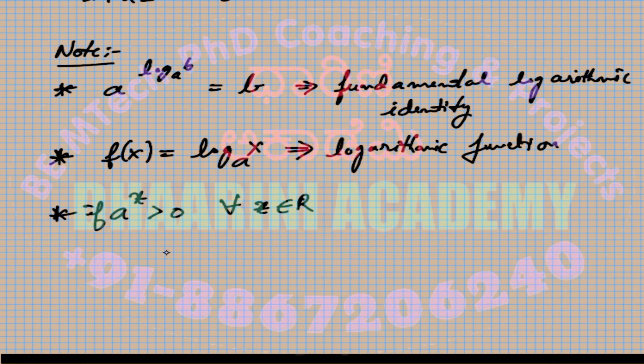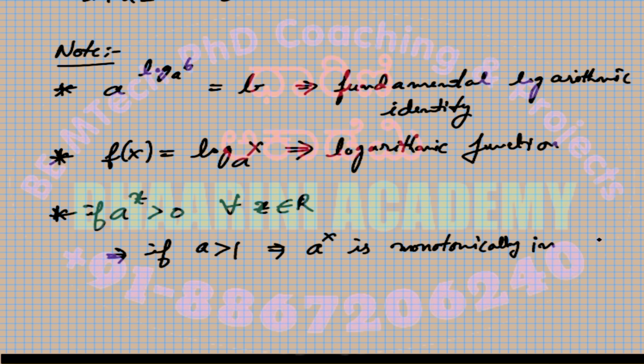The first possibility is if a is greater than 1, then a to the x is going to increase continuously. So we can call it a monotonically increasing function.